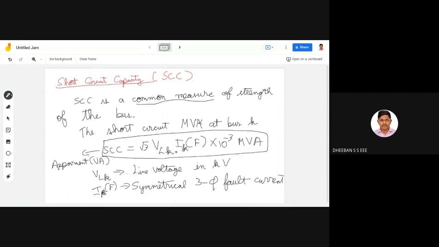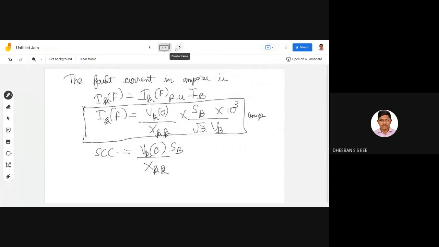So this is your V_L, the line voltage, and you'll be multiplying with that. So root 3 will also be there. So it will be root 3 into V_B, and into V_L. Okay, so here there was a 10 power minus 3 and 10 power 3. That is, you're substituting in your SCC formula this value of I_K^F.